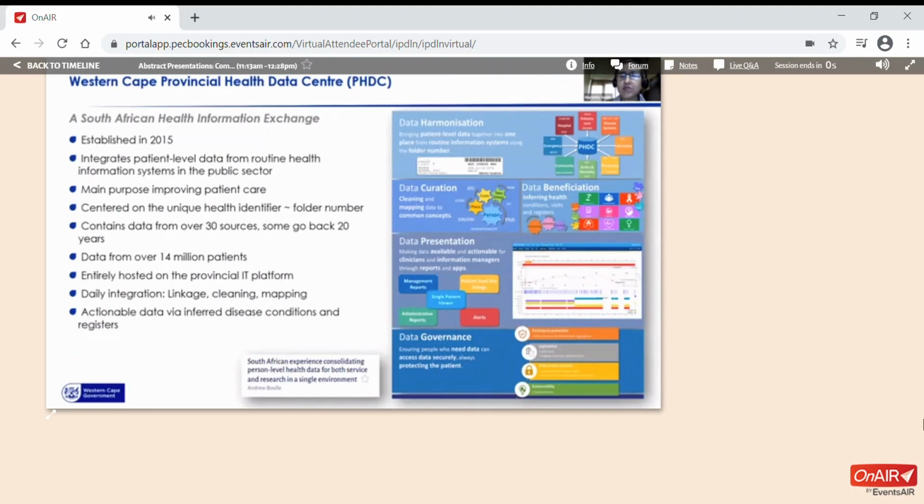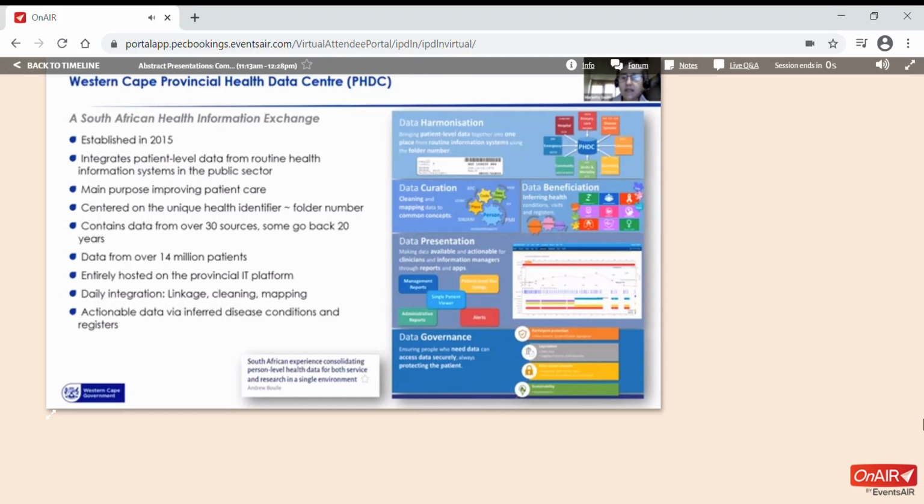But we have been fortunate in the Western Cape to have a data center that daily integrates patient-level health data from all the systems I mentioned, centered around the unique health identifier or folder number. There are currently data from over 30 different sources for over 14 million patients.